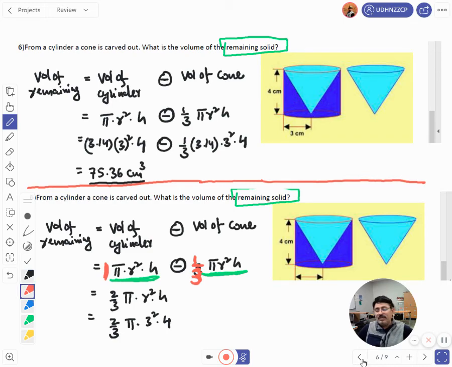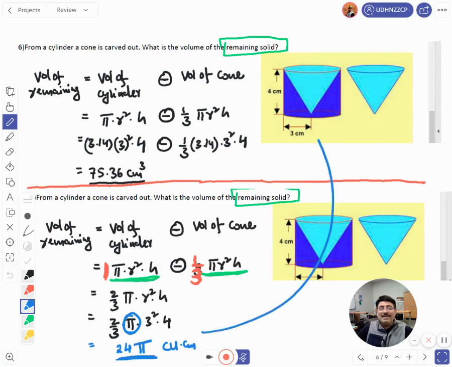Most of the time some people prefer to leave the pi value as it is. Then you get 24 pi cubic centimeters. You may get a doubt: is it matching with this one? You may say no, they are not matching. Actually they are matching because I expressed the answer in terms of pi.